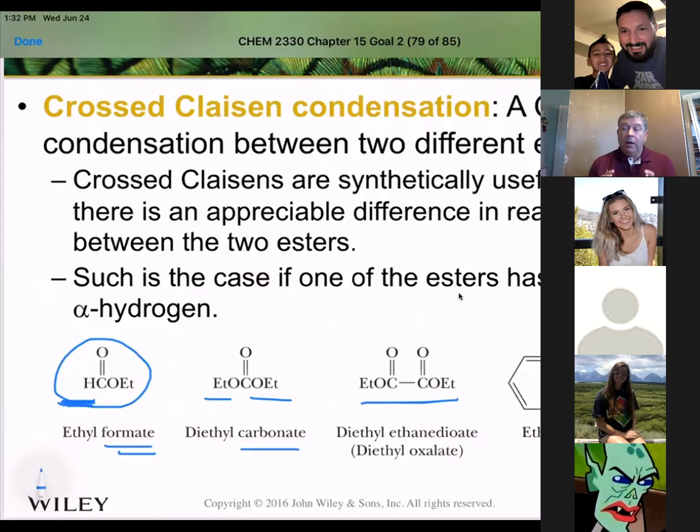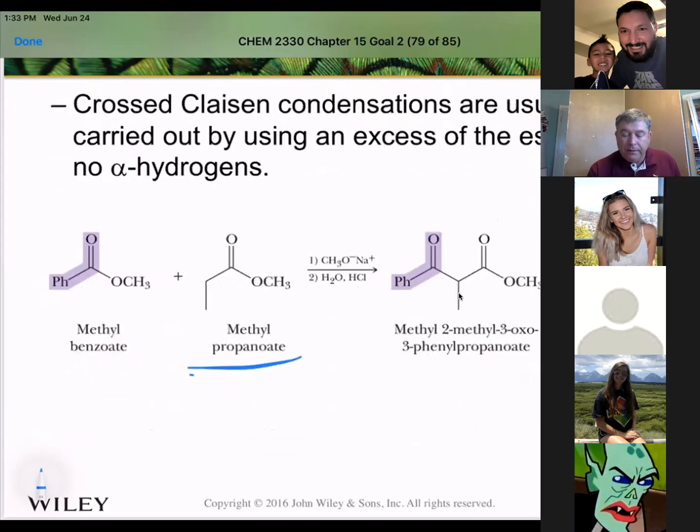Anytime we say crossed reaction, like a cross Claisen or an aldol, one of the other compounds does not have alpha hydrogens. And in the case of the cross Claisen, it's an ester with no alpha hydrogens. Okay, so what are the steps in that reaction? Well, it's kind of the same thing, except now we can only form the enolate on one of the compounds.